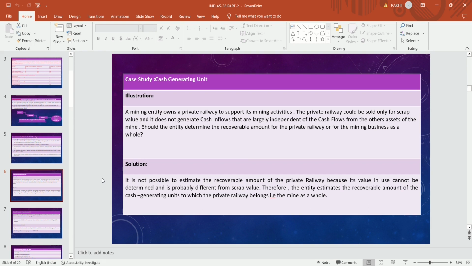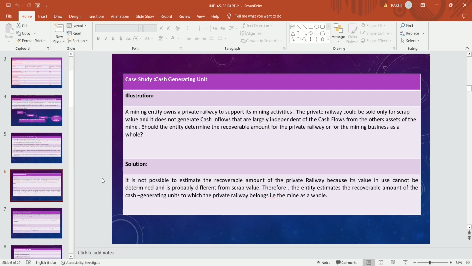Let's take the solution. It is not possible to estimate the recoverable amount of the private railway. Why? Because it is not used as a cash generating unit individually, independently. So the recoverable amount is not possible to estimate because its value in use cannot be determined.